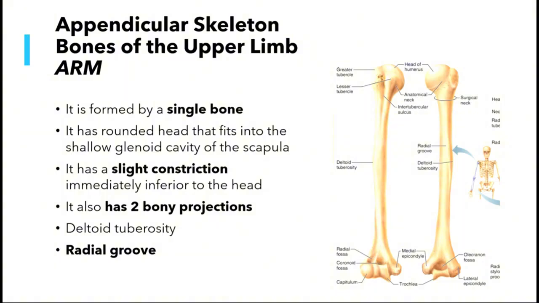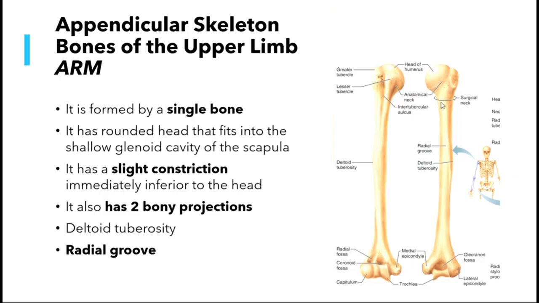Okay, and it has two bony projections known as your greater tubercle and lesser tubercle. So these tubercles are separated by the intertubercular sulcus, this one, which is distal to the tubercles, is your surgical neck. This is the surgical neck.